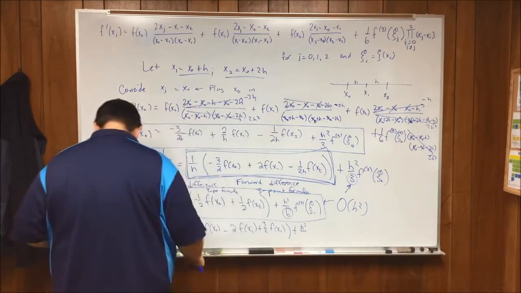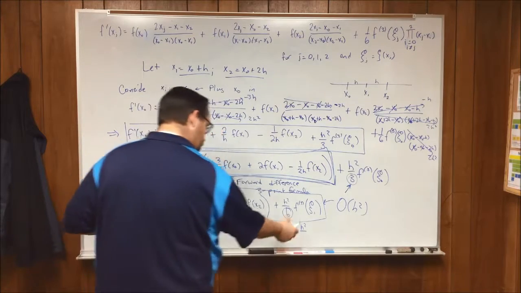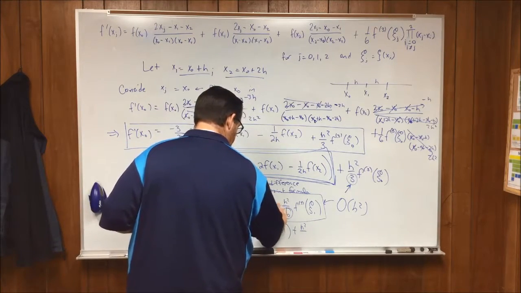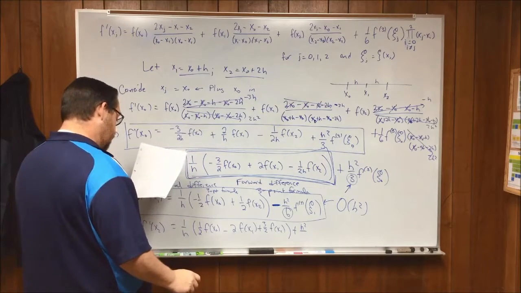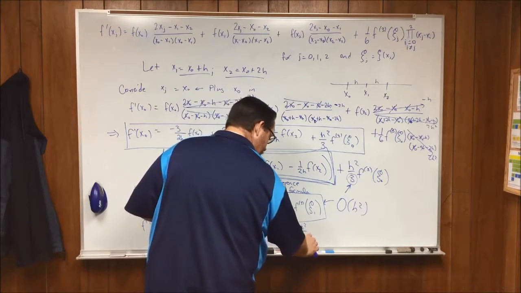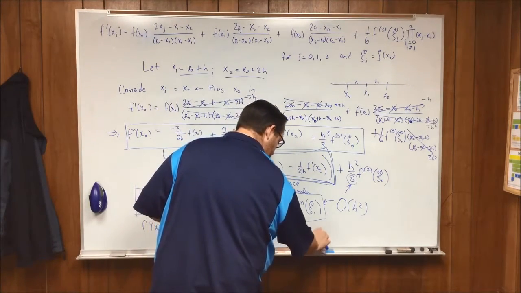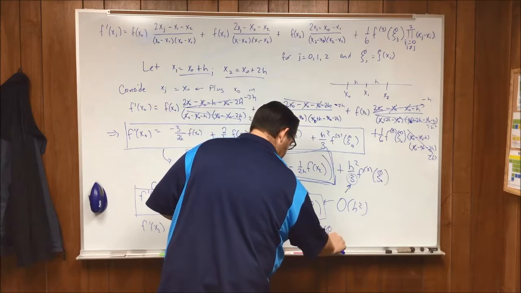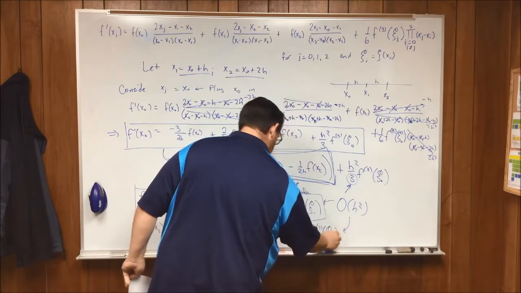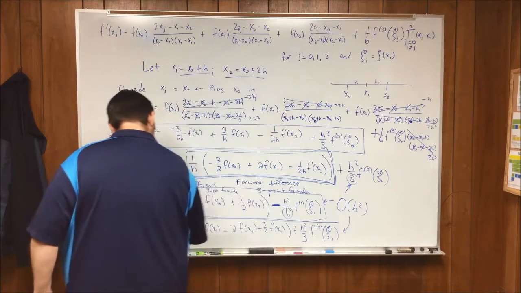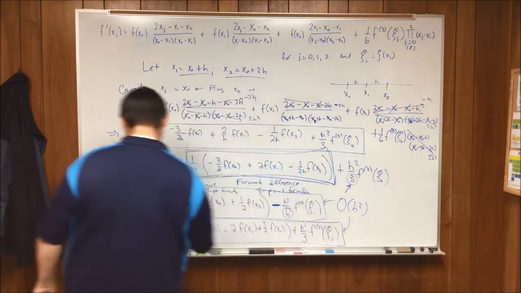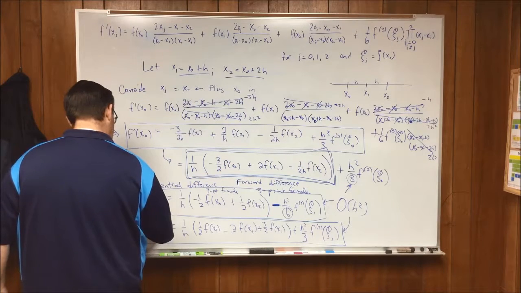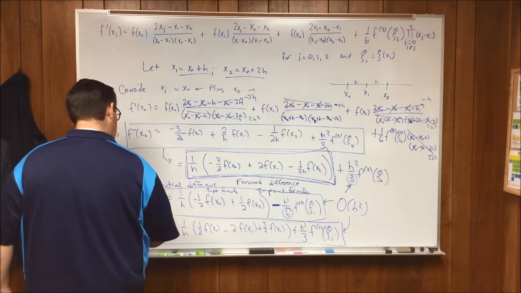Actually it becomes a, that's still plus. This one was a minus. It doesn't really matter in the long and short of it, but this one becomes plus h squared over 3 f third derivative at c2. Also big O h squared, but that would be the backwards difference.